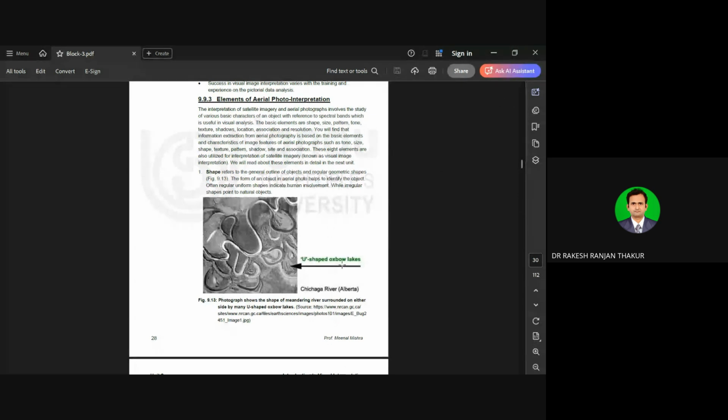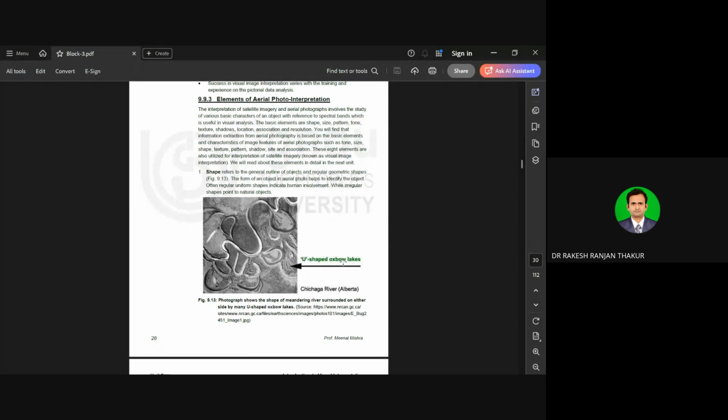You can see this one here. It is an example of shape. Shape is nothing but the outline of an object, and it is very useful in the interpretation of any object in a satellite image or aerial photograph.